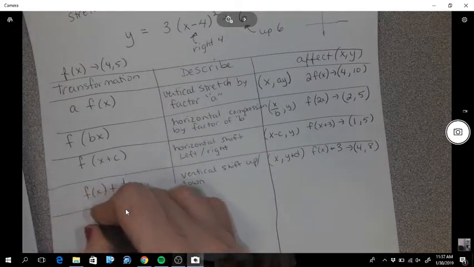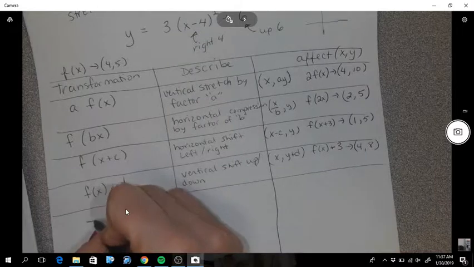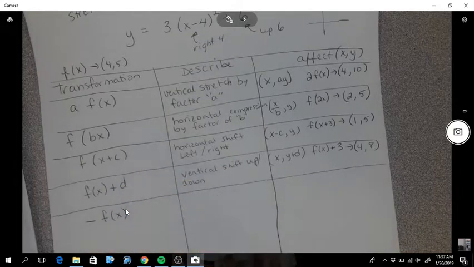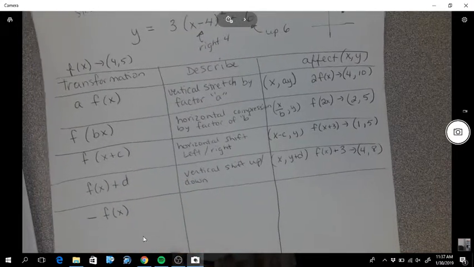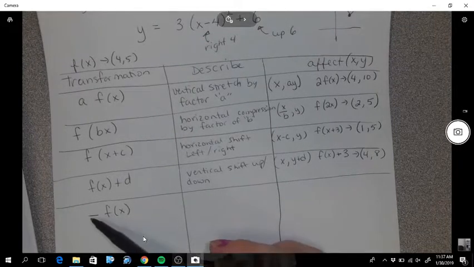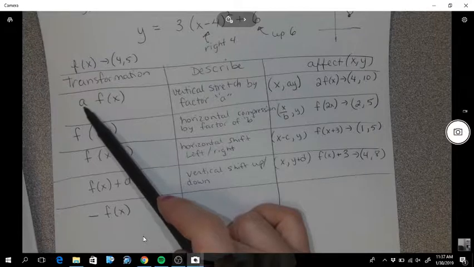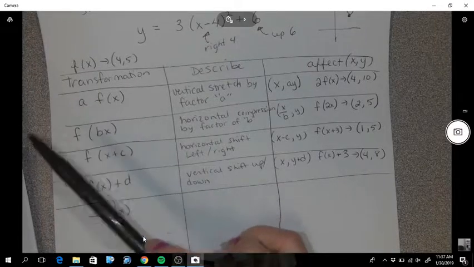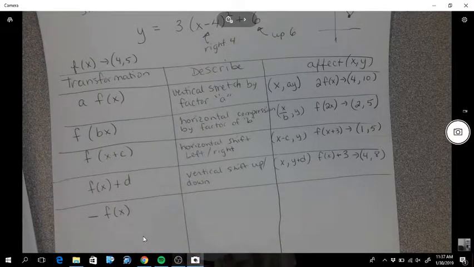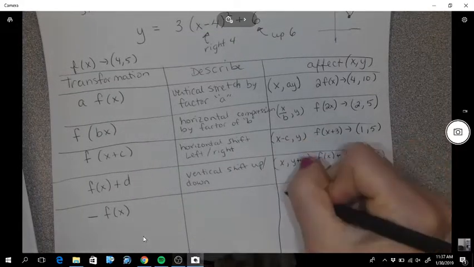Okay, now what if we do this? Okay, so when we do this, we are essentially having a -1 for our a, which is our vertical points. So we're changing the negative on the y.